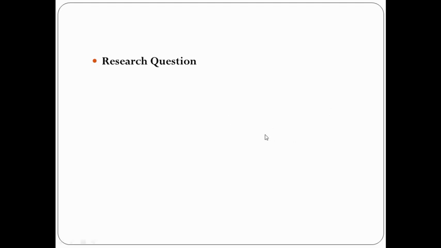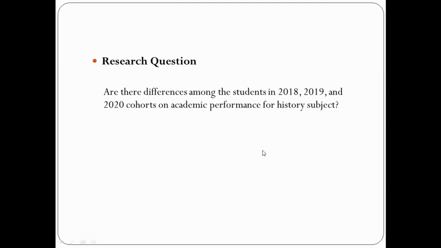So our research question is formulated this way. Are there differences among the students in 2018, 2019, and 2020 cohorts on academic performance for history subject?